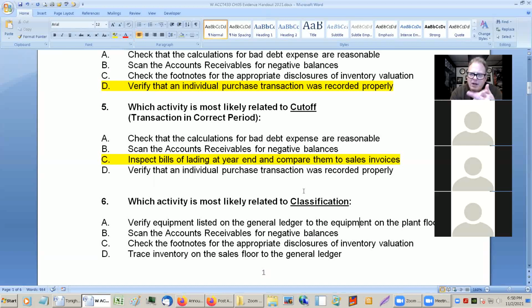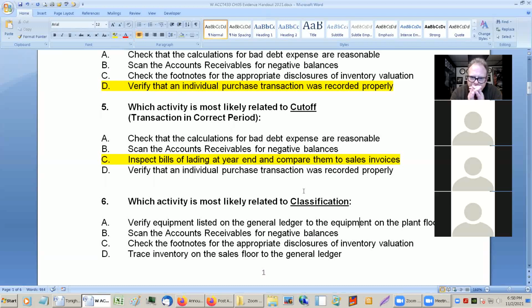Oh, okay. I mean, it could be if the disclosures weren't appropriate, but that would usually be more of an accuracy thing in the presentation. A or B, yeah.